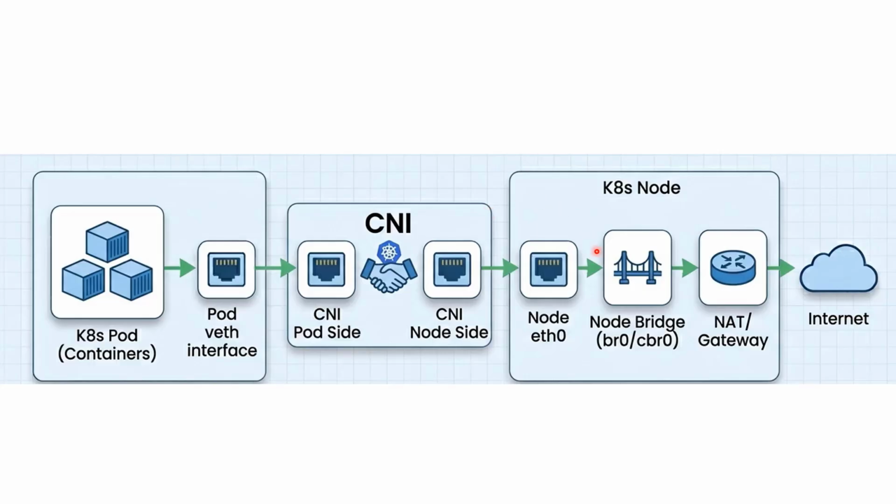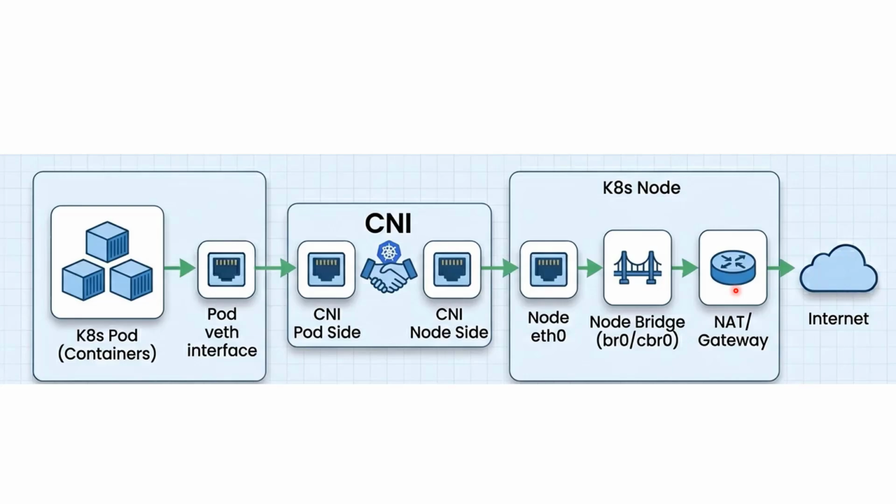So once the traffic reaches the node, the packet moves through the node networking stack, just like our earlier setup. Here you can see bridge still exists, routing still exists, and forwarding still exists. And many Kubernetes setups internally use a Linux bridge like br0 or cbr0. So the node now decides where the packet should go, whether it needs NAT, and how it should leave the node. And if the pod is accessing the internet, the node performs NAT using iptables or eBPF depending on the networking setup.